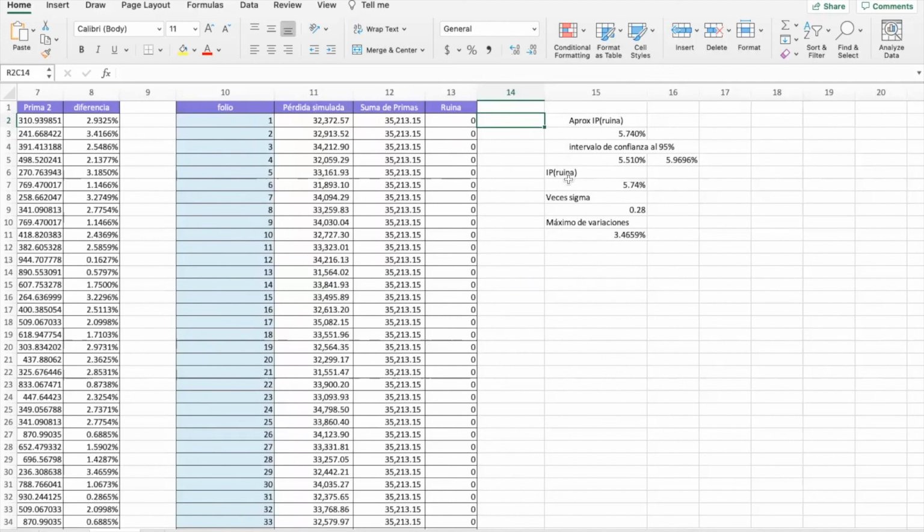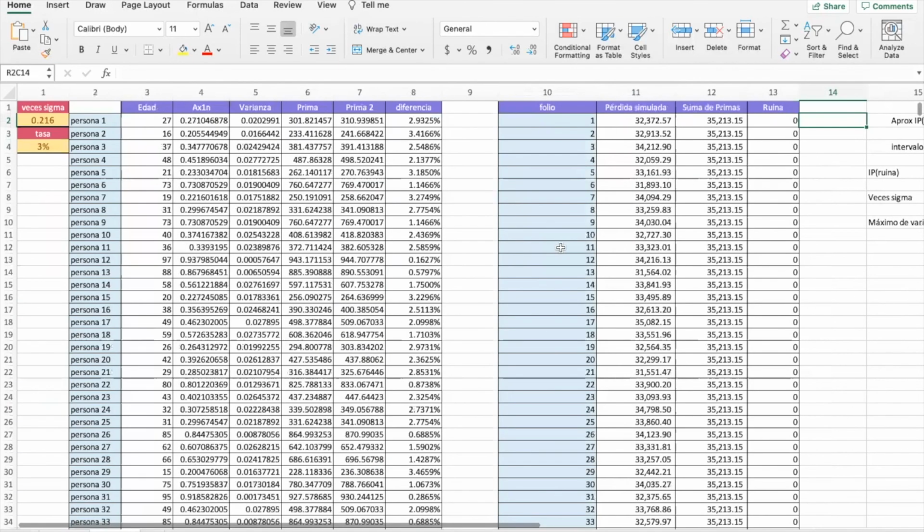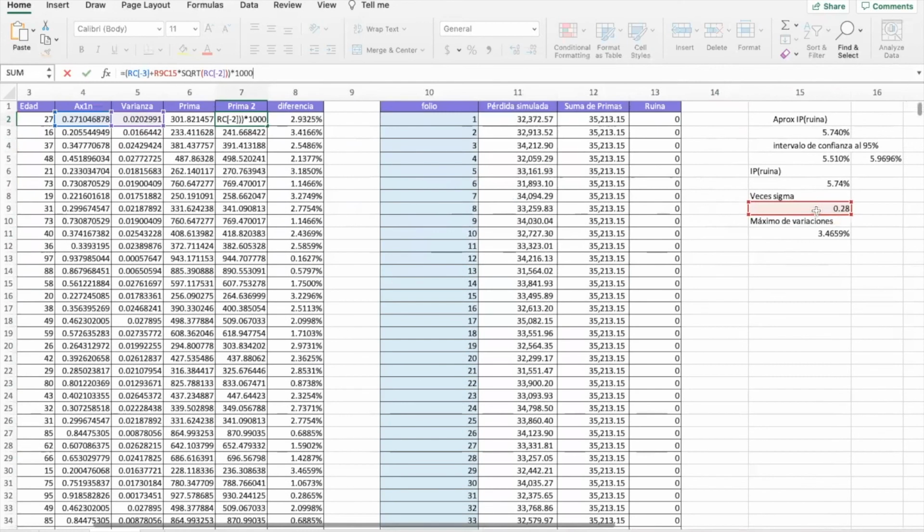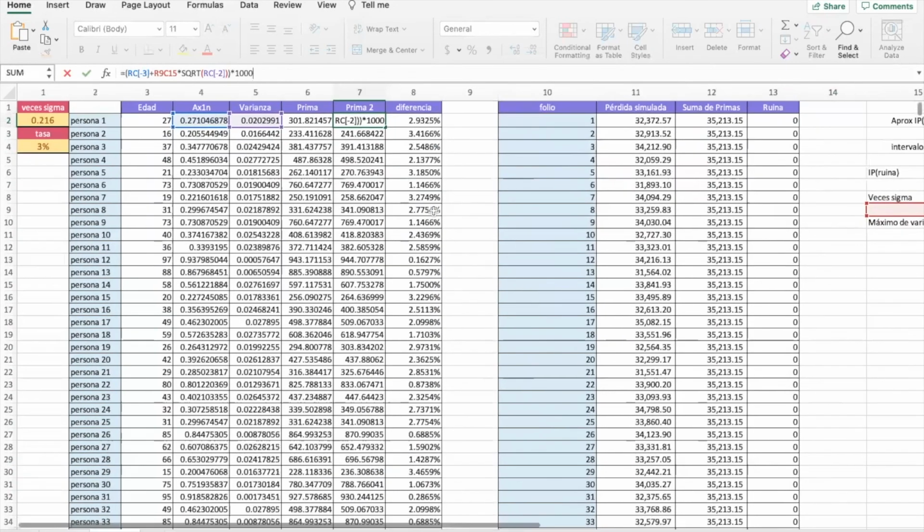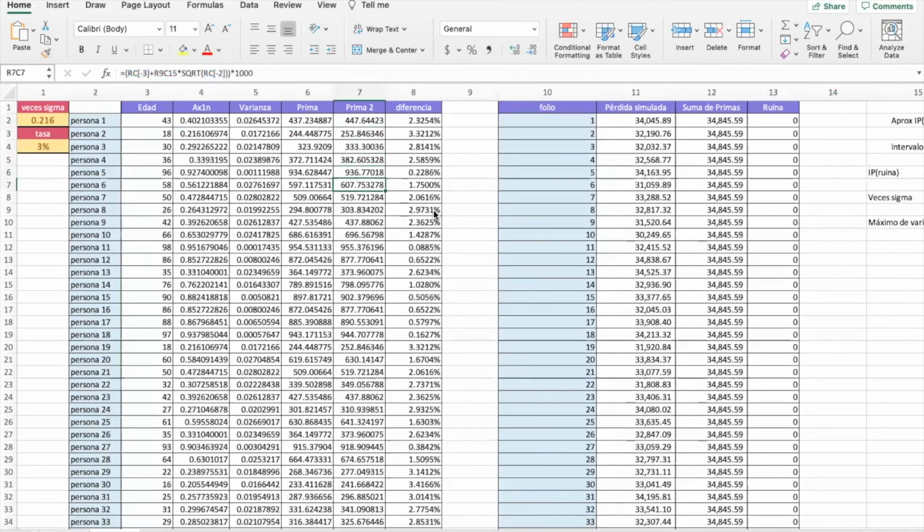Okay. So just to end this explanation, we can observe that the premium 2, which was calculated with the higher K times the standard deviation, creates a difference between these two premiums. So this one was calculated with this 0.28 sigma, and we have higher numbers of premium in all these people.